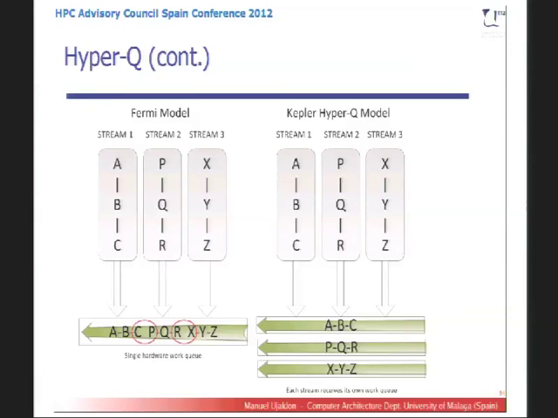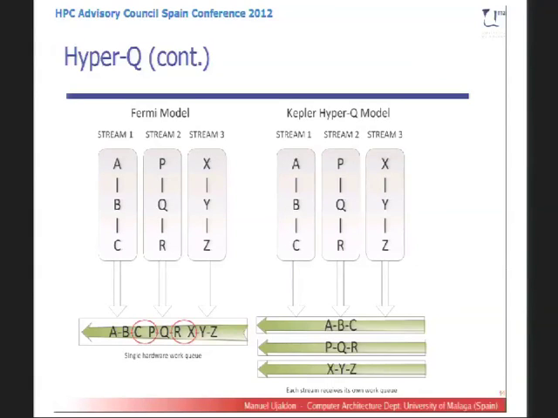Let's say that we are in the Fermi model and we were executing things coming from 3 different streams, right? So essentially, these 3 guys are parallel, right? Which means that there's no need for you to start executing Q after C, right? Because here in this conceptual model, structural model, Q can start before C is over, right?